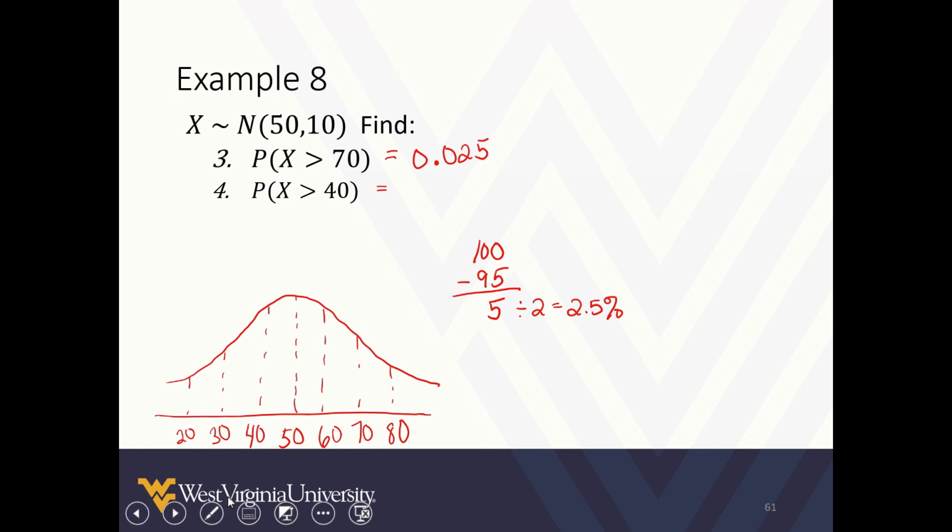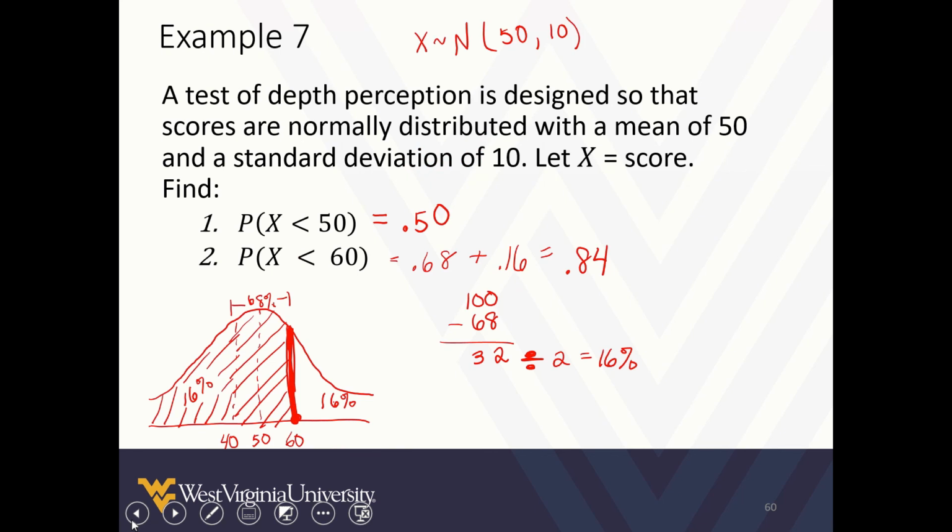So we want to know the probability of x being greater than or equal to 40. As we established in the previous slide, 68% is within 1 standard deviation of our mean. So between 40 and 60 is that 68%. And from our previous slide, we learned that there was 16% on each of our tails.